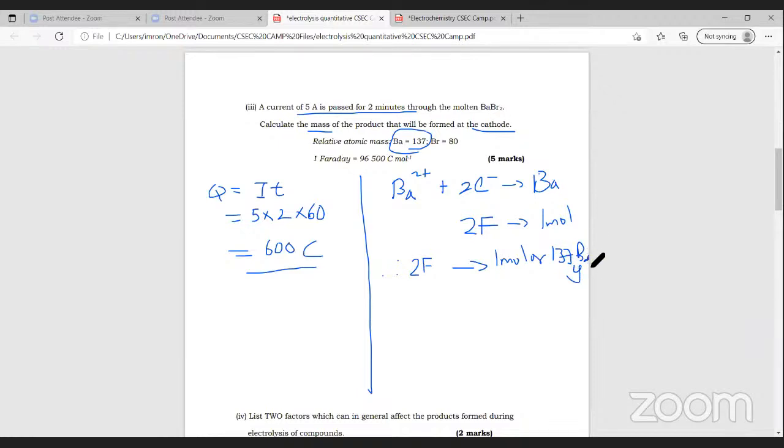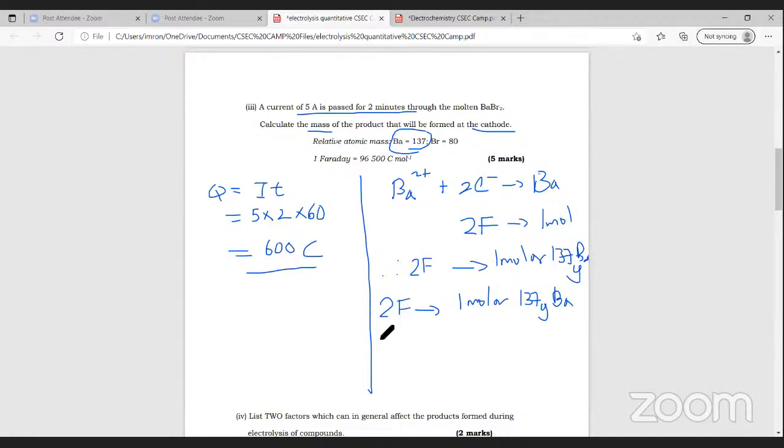So we know that 2 Faradays produces 1 mole, or 137 grams of barium.